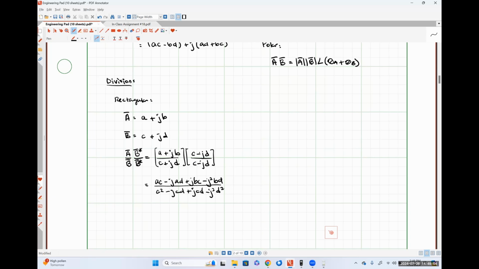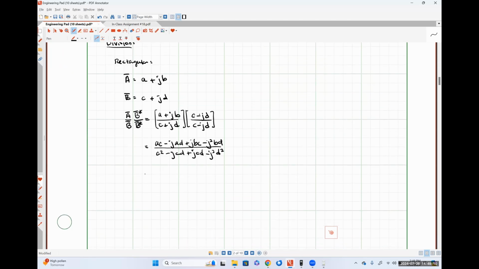So earlier, Haley, I believe, correctly told us that j squared is simply -1. So let me just write that in here really quickly. j squared is -1. So that's going to look like AC + BD + j(BC - AD) divided by C squared + D squared.